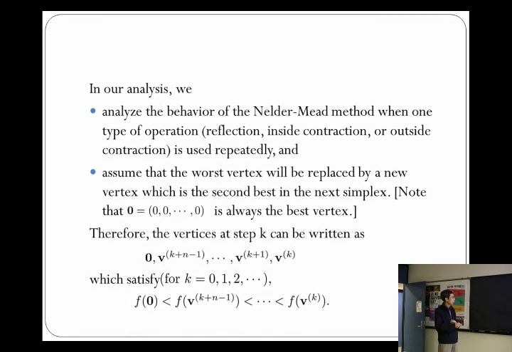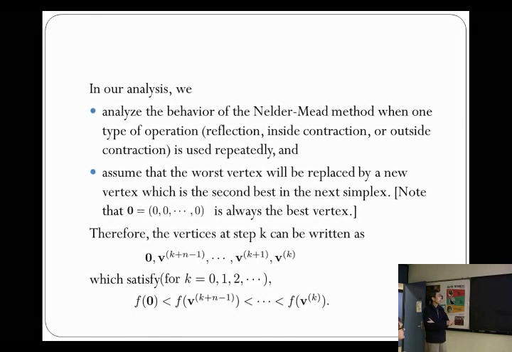We also assume the worst vertex will be replaced by a new vertex using one of them. If we repeat using, for example, inside contraction, the new vertex will become the second base in the next simplex. The reason is that we have been using the origin as one of the vertices. This is always the base, so that we get the second base.